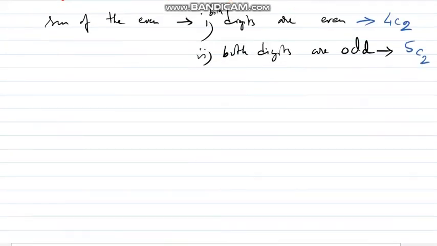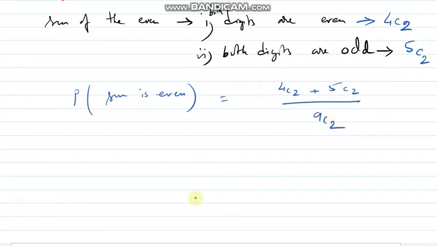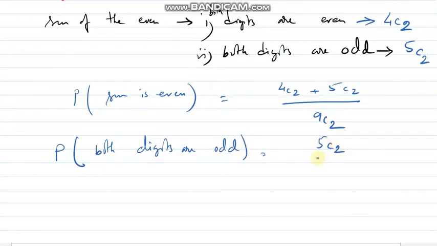So what's the probability that the sum is even? The probability of the sum being even equals 4C2 plus 5C2 divided by 9C2. If the sum is even, what's the probability that both digits are odd? The probability that both digits are odd is 5C2 divided by 9C2.